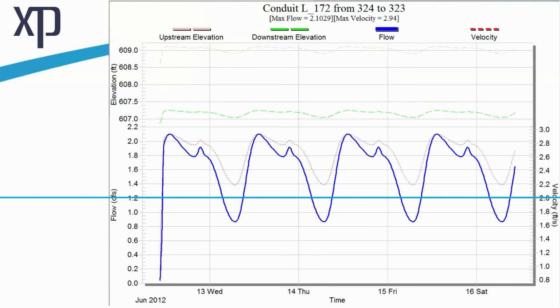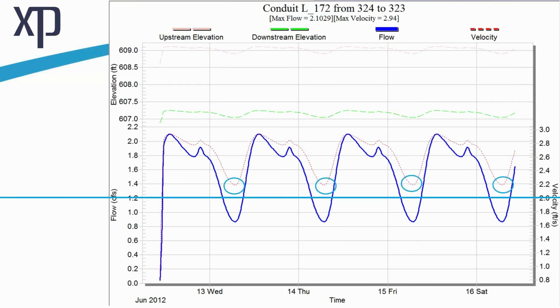So what you see here is several different variables on one screen. So this is a pipe. You can see the downstream and upstream elevation as well as flow and velocity. So in this instance, the red dash line is velocity, and I've drawn this blue line straight across at 2 feet per second. So it's kind of a rule of thumb that if you're in the 2 feet per second range, then you might be beginning to settle.